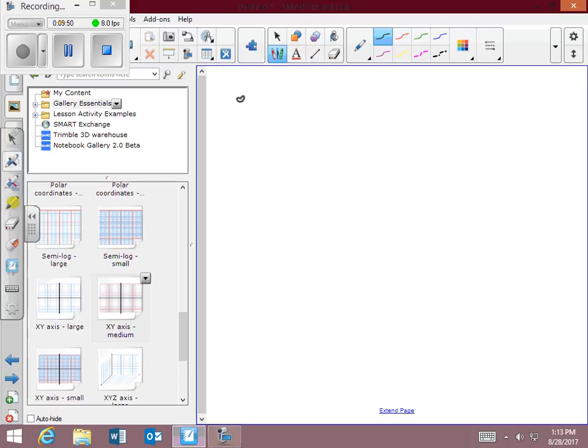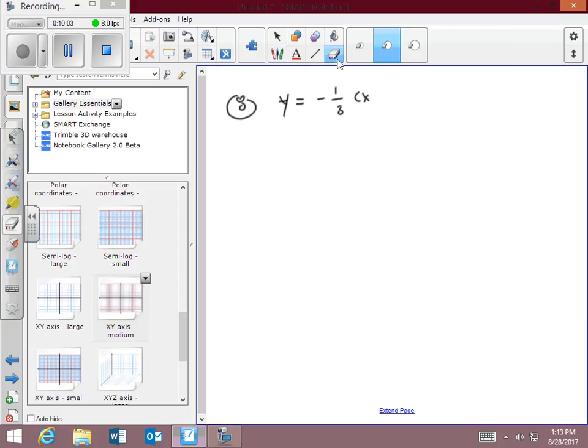So number 8 says y equals minus 1/3 x plus 1.